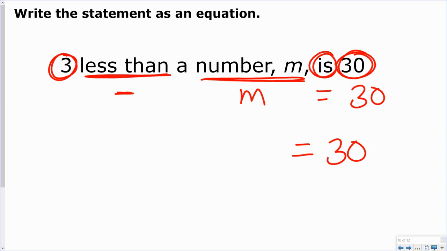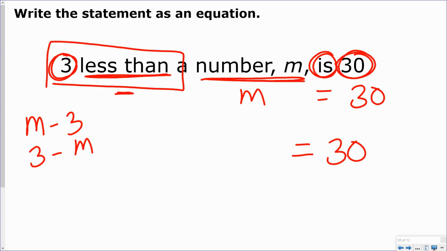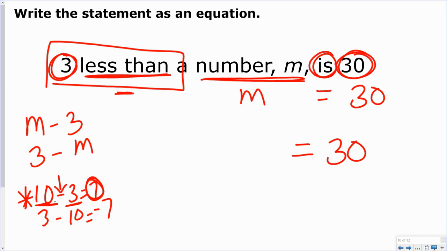But I have to decide, is it going to be m minus 3 or 3 minus m? Well, it says that it's 3 less than a number. So if I think of a problem like 10 minus 3, that gives me 7. Or if I take 3 minus 10, that's negative 7. This one right here says that 7 is 3 less than 10.